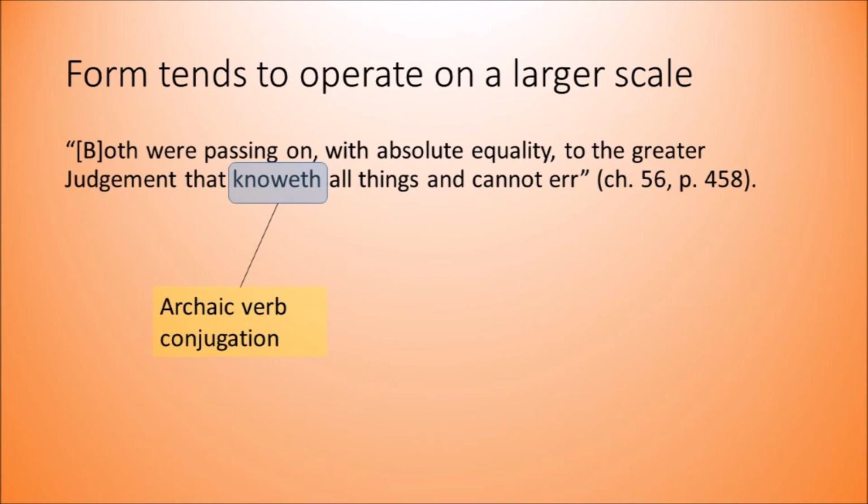"Both were passing on with absolute equality to the greater judgment that knoweth all things and cannot err." Now you'll see I've singled out the verb knoweth, and I've pointed out that I've called it an archaic verb conjugation. In other words, the way Dickens has chosen to modify the verb know, knoweth rather than knows, is deliberately old-fashioned.